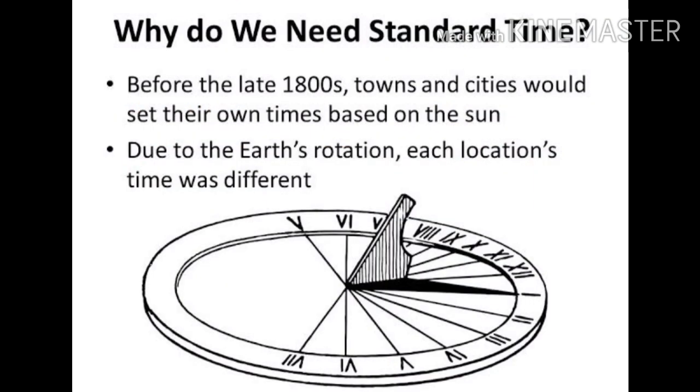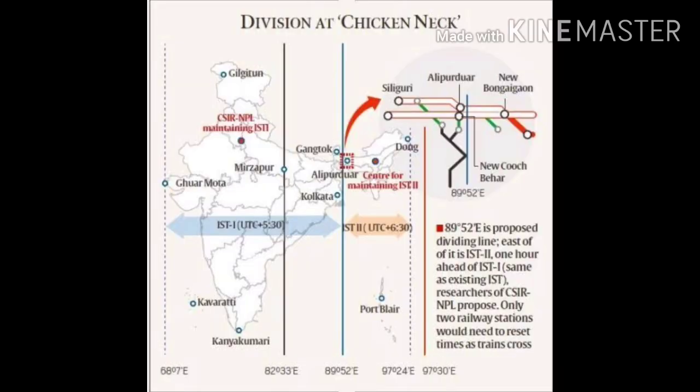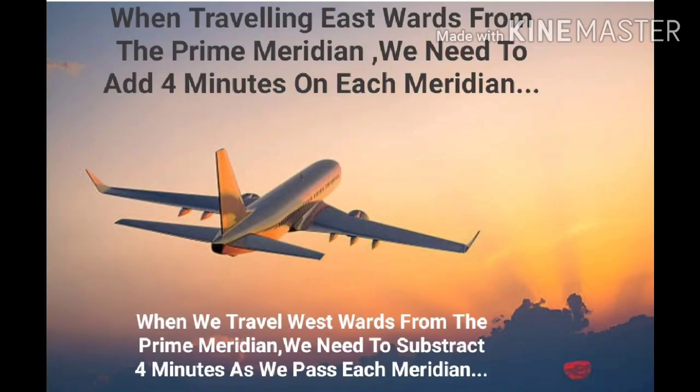Next, calculating time. Longitudes help in calculating time. The difference between two consecutive longitudes is 4 minutes. When we travel eastwards from the prime meridian, we need to add 4 minutes on passing each meridian.